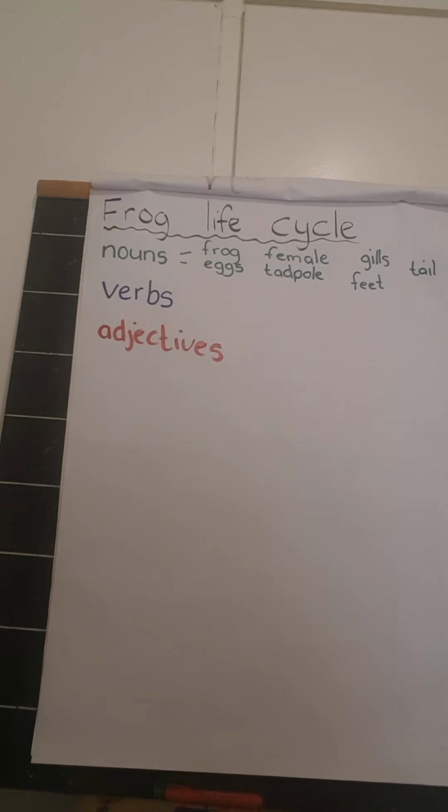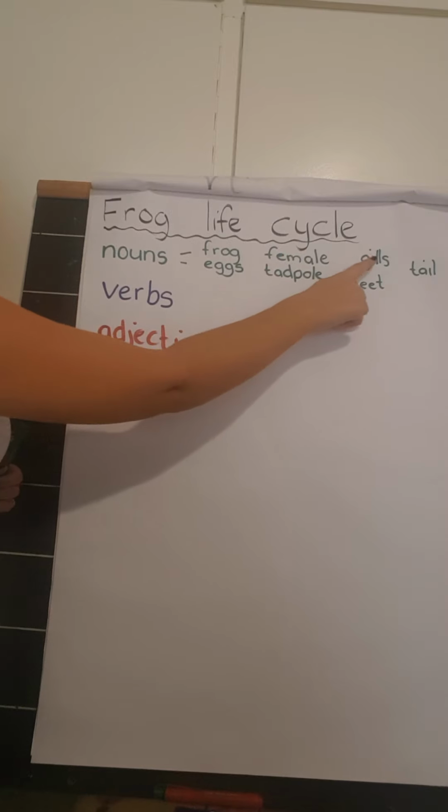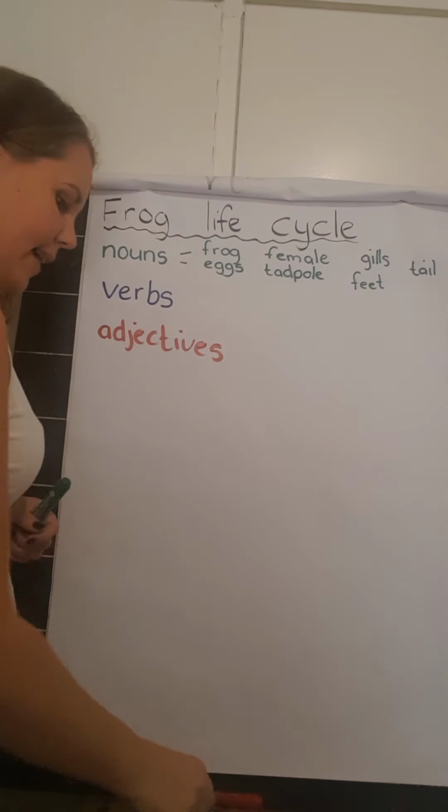Alright, so those are the nouns that you would use when you are talking about a frog. You talk about the frog, the eggs, the female, tadpole, gills, feet, and tail.